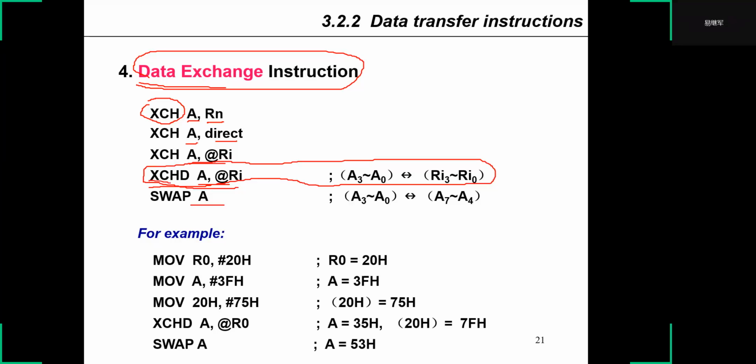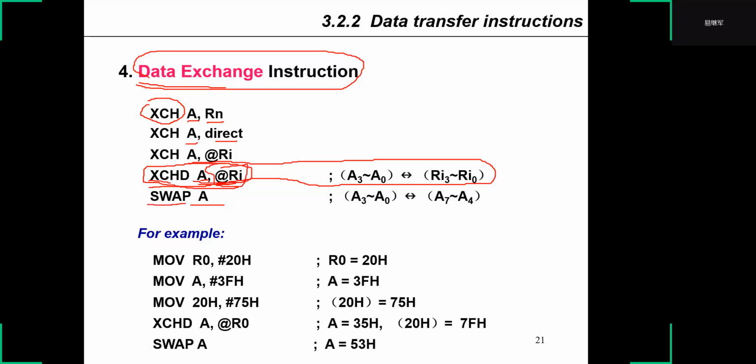This exchange can change the lower 4 bits of the two operands, which means we exchange the lower 4 bits of A with the lower 4 bits at this address. It just exchanges the lower 4 bits between the two operands.